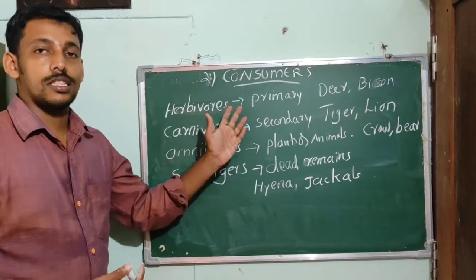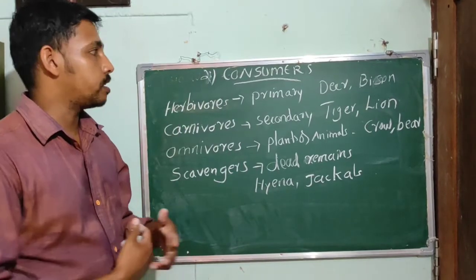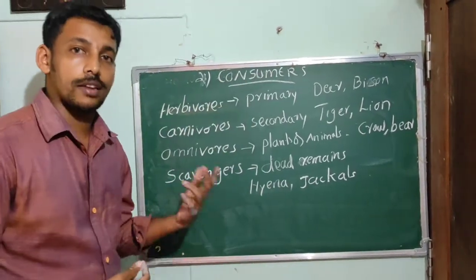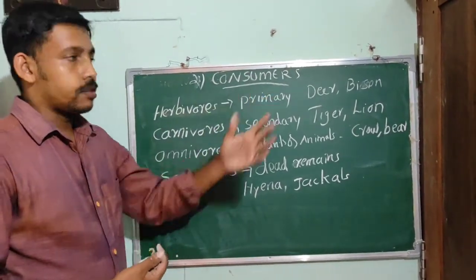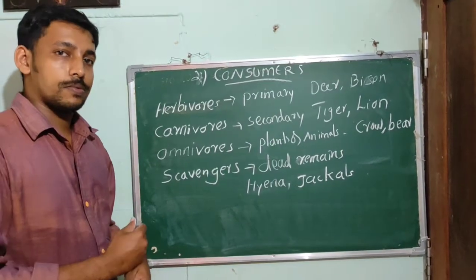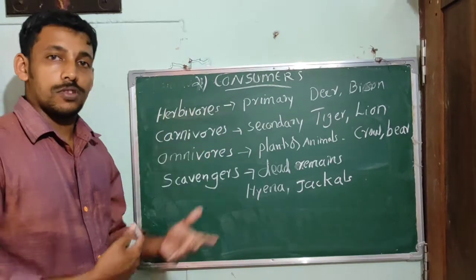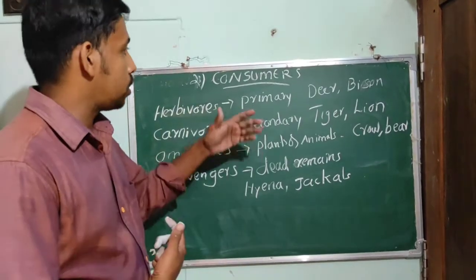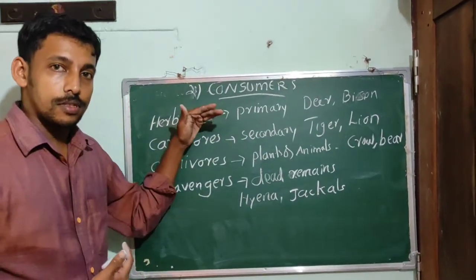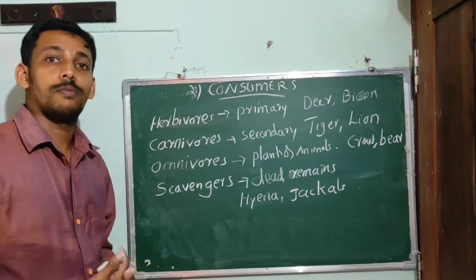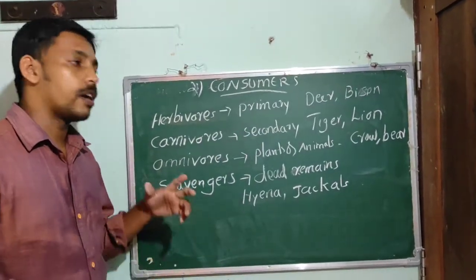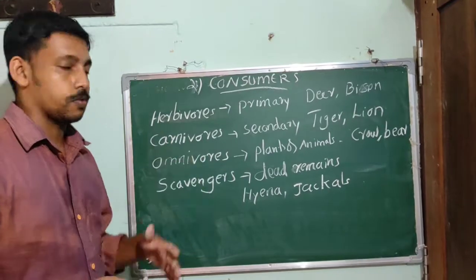Herbivores are the primary consumers. They eat plants. Deer and bison are examples. Then carnivores are the secondary consumers. They feed on the herbivores. Tiger, lion, and panthers are examples of carnivores.